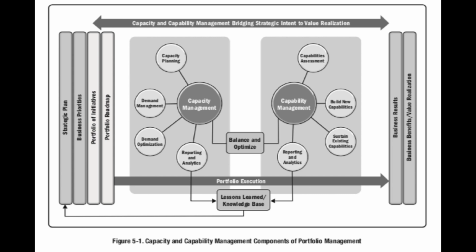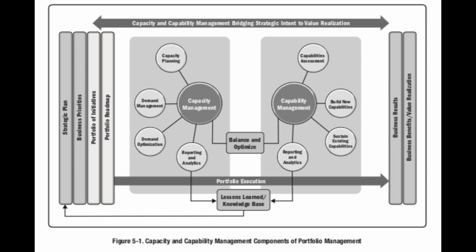Now, demand management comes into play when we talk about understanding the demand for your resources. It's not just about what resources you have. It's about knowing what's going to be needed and when. This involves keeping track of current and upcoming projects, as well as their specific resource requirements.